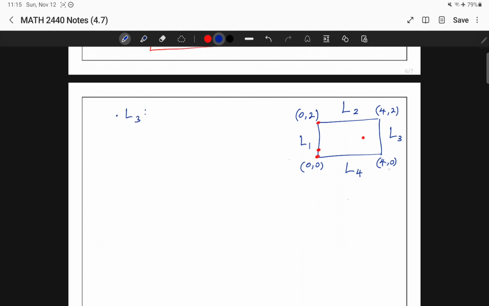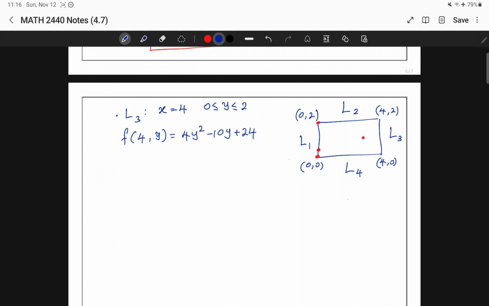L3 is again a vertical line, meaning the x value is fixed. It's 4. Y is in between 0 and 2. Plug this x equals 4 into the function and simplify. You should get 4y squared minus 10y plus 24.